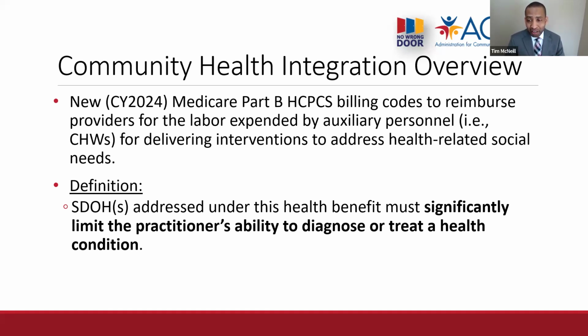The key aspect of the rules is that the social needs being addressed must significantly limit the practitioner's ability to diagnose or treat a health condition. So it's directly tied to health needs. And when labor is expended to address those needs, then it's reimbursable. Next slide.